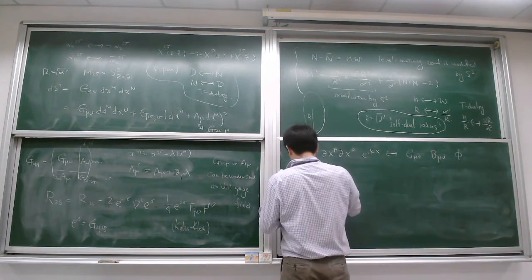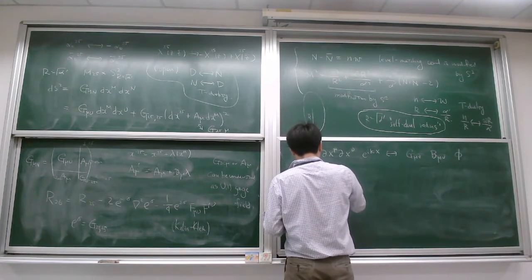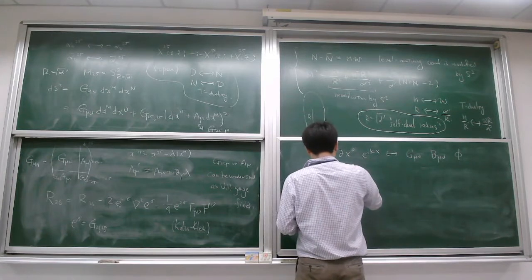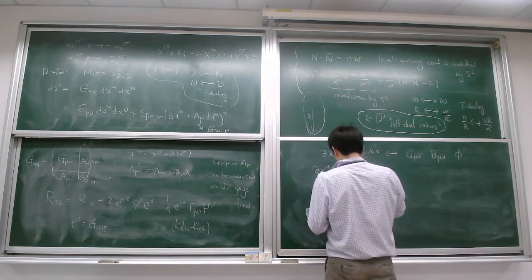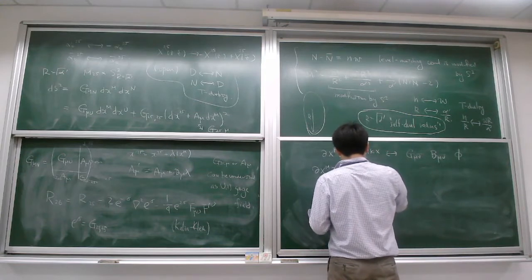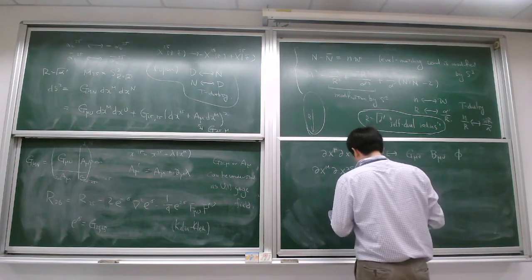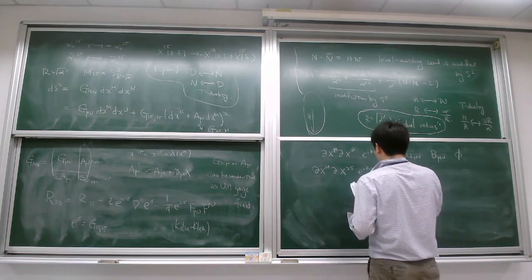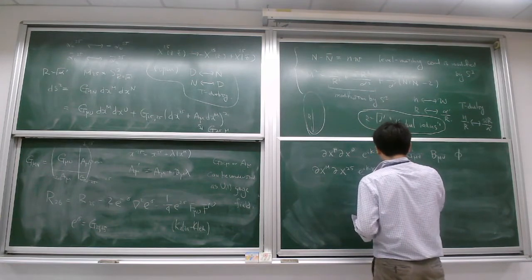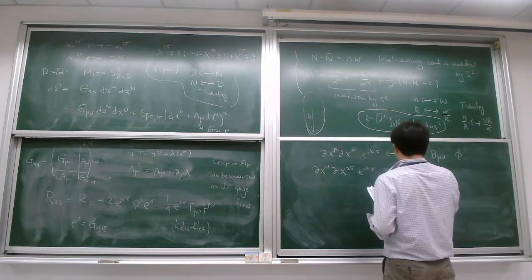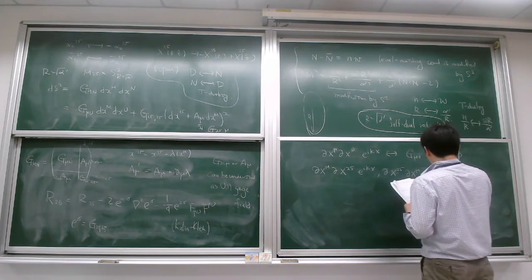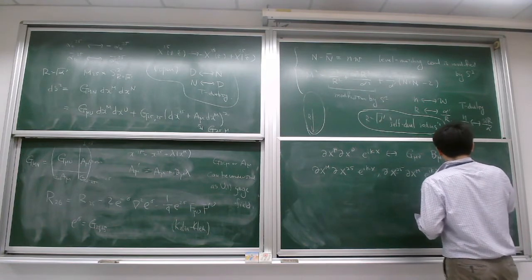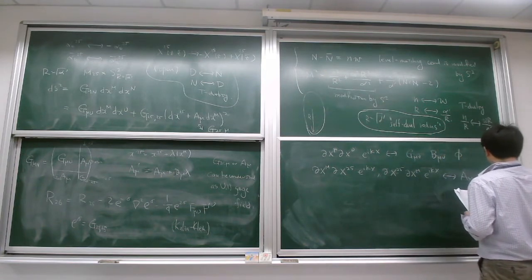But you can easily see the 25 direction with e to the ikX corresponds to G 25 mu, and also B 25 mu.